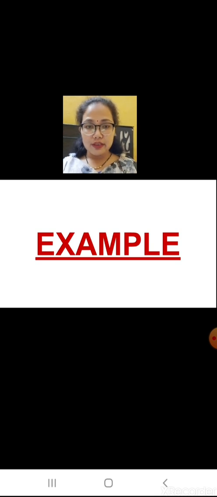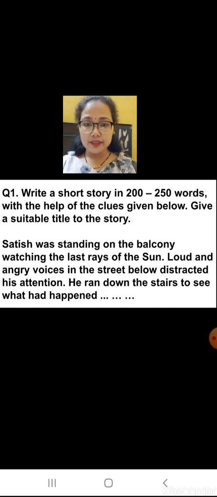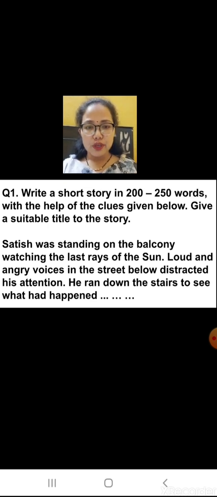A question is given here and the solution is also here, so that it will be easy for you to know how to write a story. The question is: write a short story in 200 to 250 words with the help of the clues given below. Give a suitable title to the story.